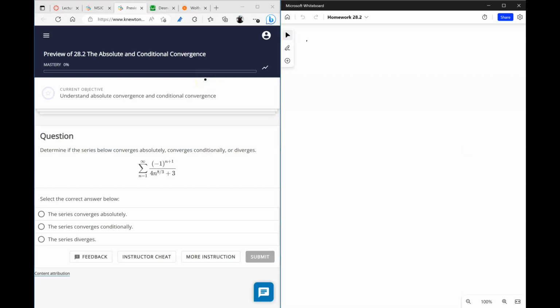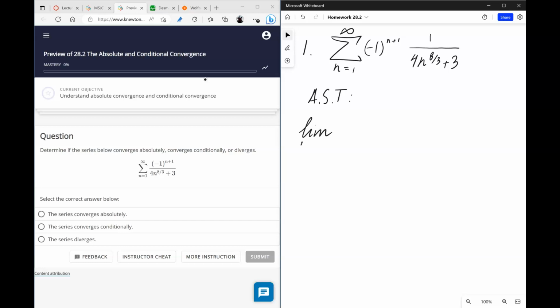So here's the homework. The first question is asking us to identify whether this alternating series converges or diverges, and if it converges, whether it converges absolutely or conditionally. Because this is an alternating series, we're going to use the alternating series test, which has the same setup as the divergence test.